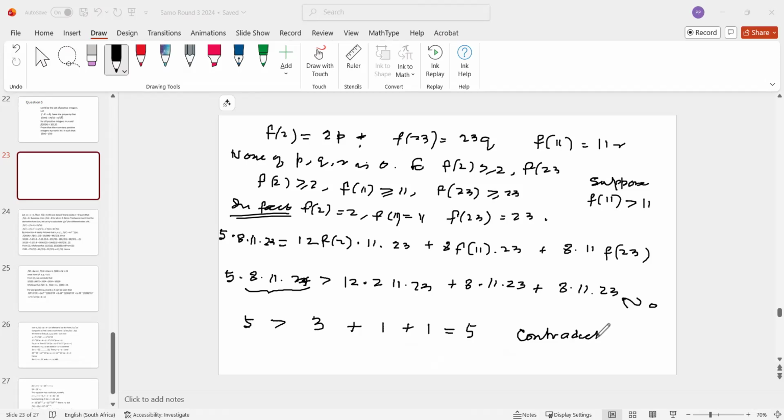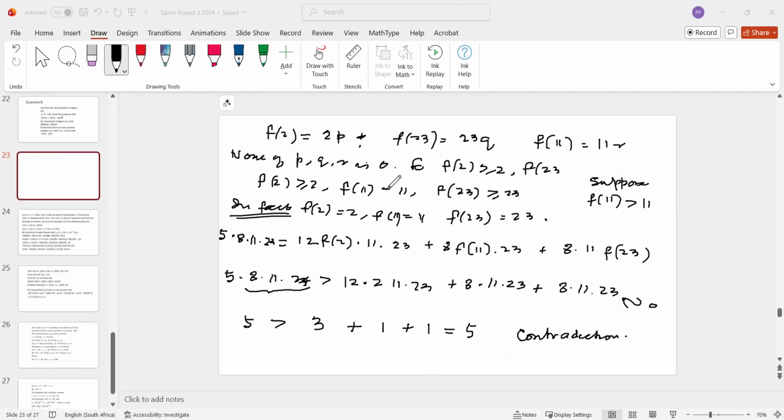What I'm actually doing here is proving by contradiction. I want to prove that f of 11 equals 11. This was my goal. And I assume that it is not. And then I came to something which is impossible, that namely 5 is greater than 5. So therefore, our assumption that f of 11 is greater than 11 is false. So it means that these two are equal.